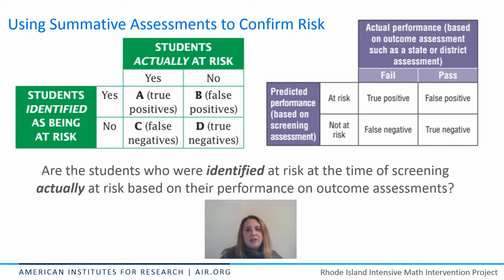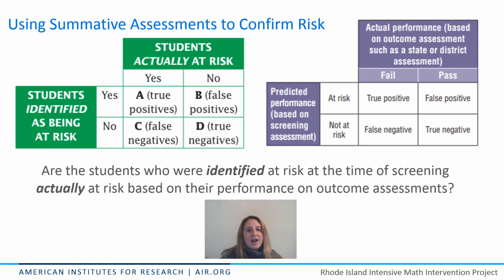Summative assessments, both curricular and outcome, can be beneficial data as a second level as teams determine students' at-risk status for the following year. The summative assessments from previous instruction or even the previous year can help to confirm identification of risk and maximize the accuracy of identifications.